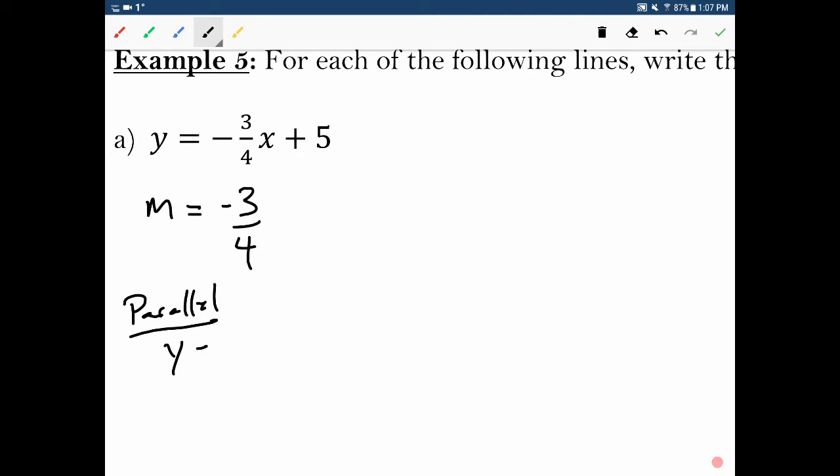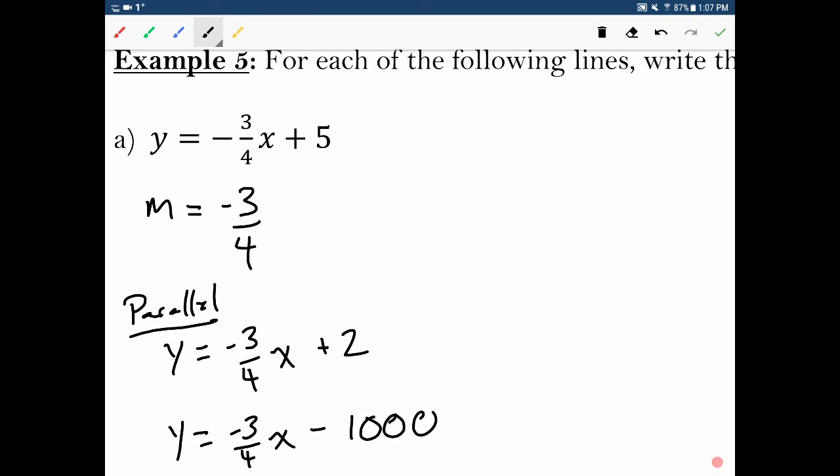So I could have y equals -3/4 x, and then I just have to change the +5 to something else. Let's change it to +2. We'll do another one. And just for fun, let's say -1000. It doesn't matter what this number is. As long as this number is equal, they are all parallel lines.